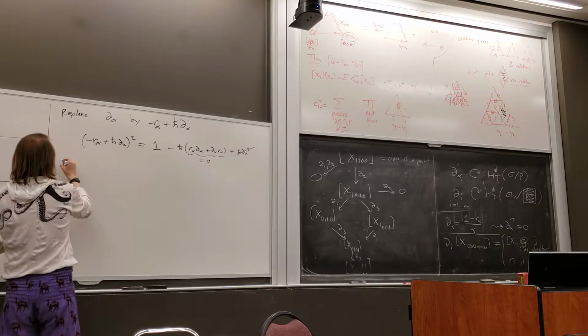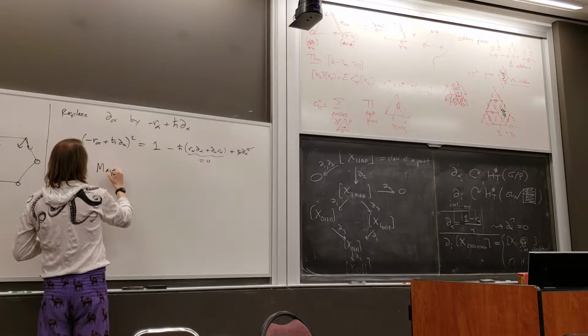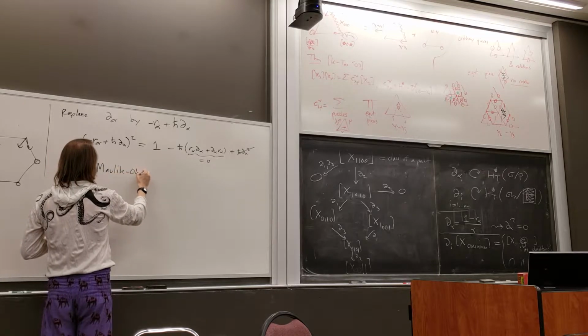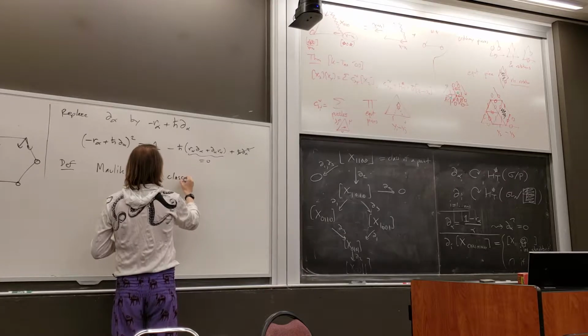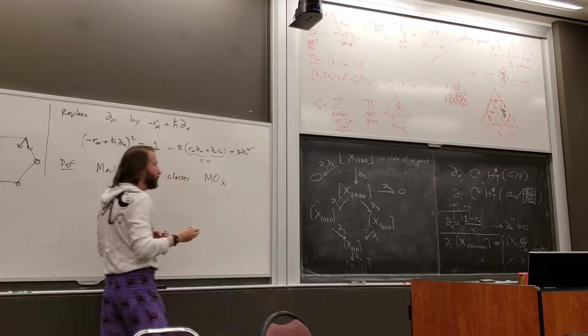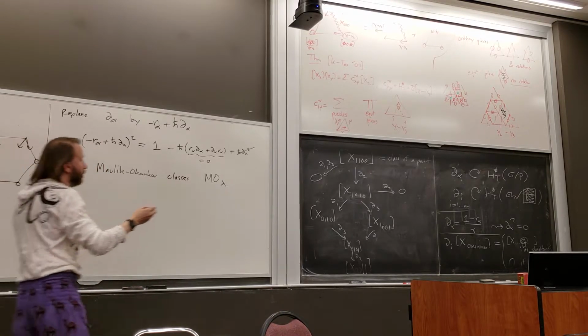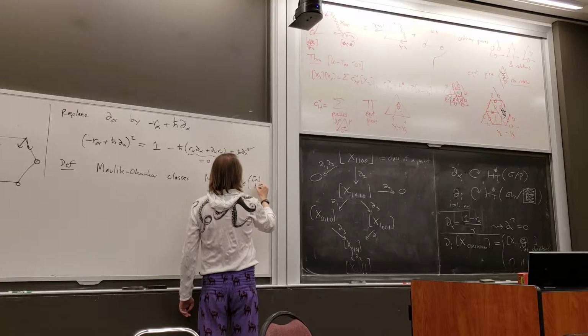Okay, so let me define the Maulik-Okounkov class, MO lambda. And again, lambda would be running over n choose k.